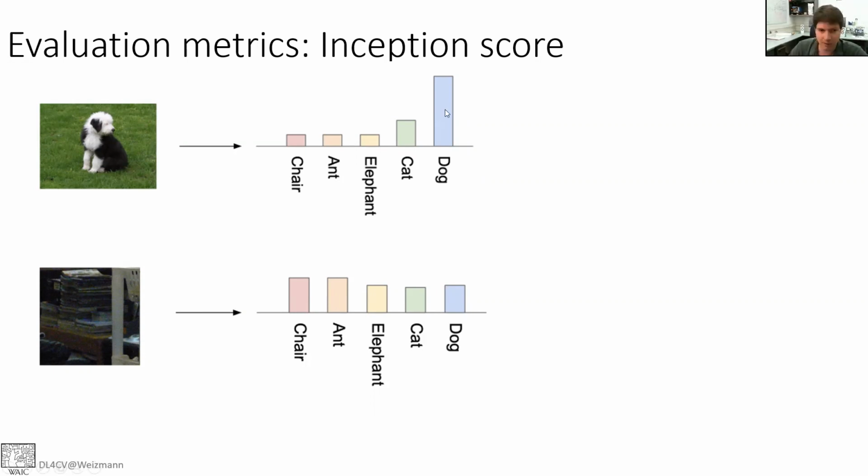So I'll be able to recognize it the best, with as much confidence as possible, which means very low entropy in the distribution of the softmax values. The best thing I can get is 1 for dog and 0 for all the rest. A very bad thing is a very balanced distribution, with very high entropy, which means the network is not sure what it is seeing.